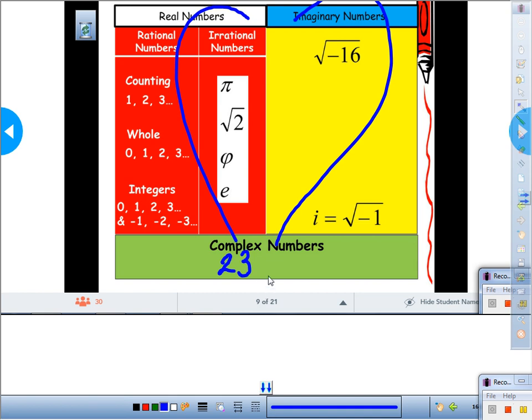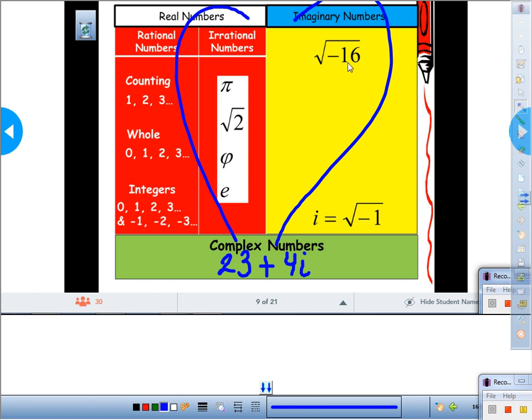23. Very good. Plus, can you give me an imaginary number? 4i. Hands if you agree that's a complex number. That is correct.